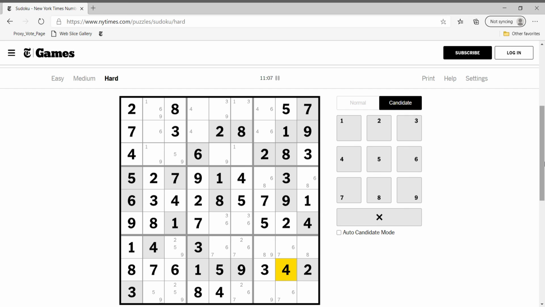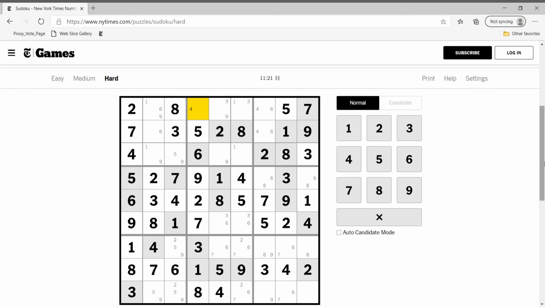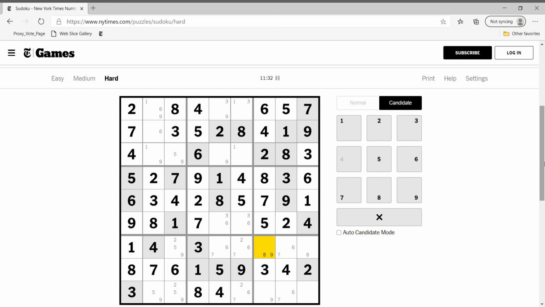Okay, and then 5. Just looking over here, right, because we know this has to be 5. So this has to be 4. So this is 6, 4, 8, 6. This cannot be 8.